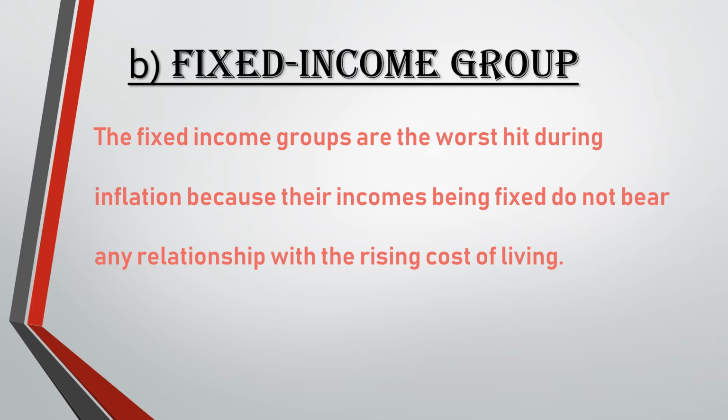These are the persons or groups which get a fixed amount of money. Like pensioners getting 1,000 rupees per month, according to whatever facility the government has given them, but it is at a fixed rate. It is not changing with the change in the inflation rate in the economy.